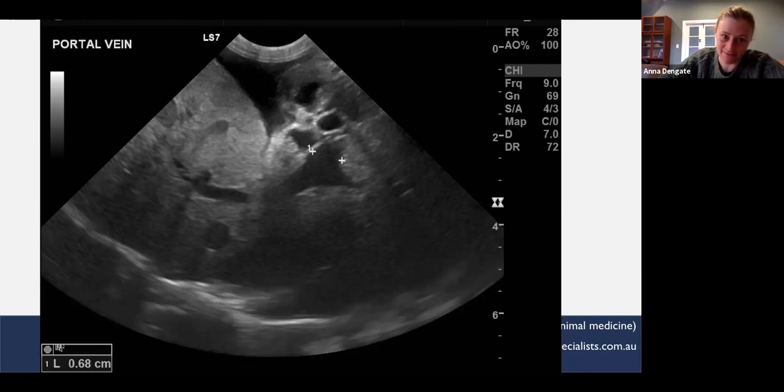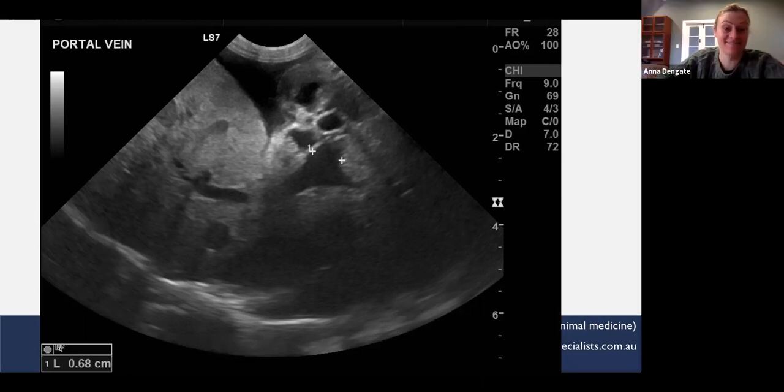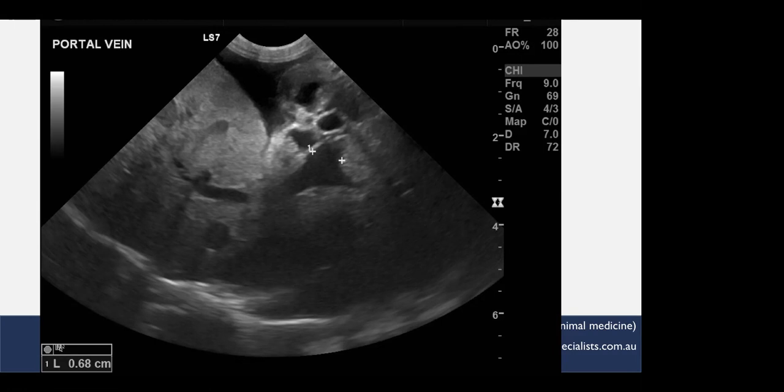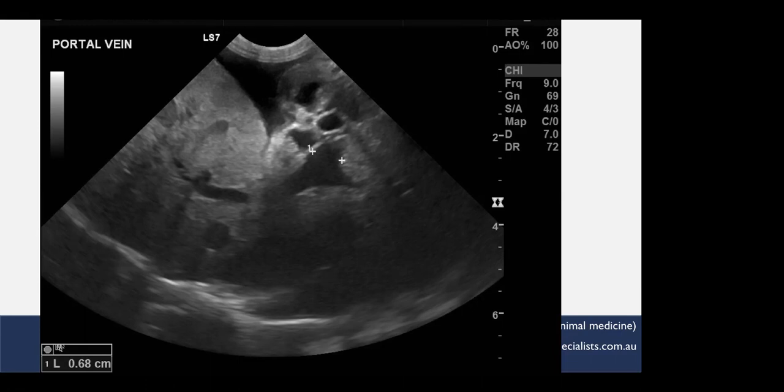I agree. Should be less than 5 millimeters in a cat. Okay. This is a cat. Sorry. Right. Important information. Yeah. Okay. So the vasculature, if some of those other areas are vessels as well, it looks like a lot of engorged vasculature. Agree. Yeah.